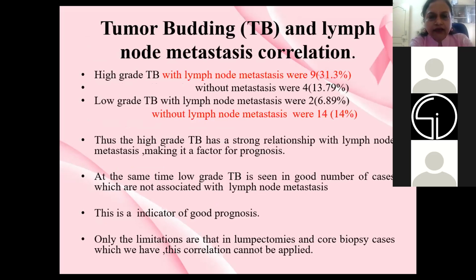Thus, the high-grade tumor budding has a strong relationship with lymph node metastasis, making it an important prognostic factor. At the same time, low-grade tumor budding is seen in a good number of cases which are not associated with lymph node metastasis. So this is an indicator of good prognosis.